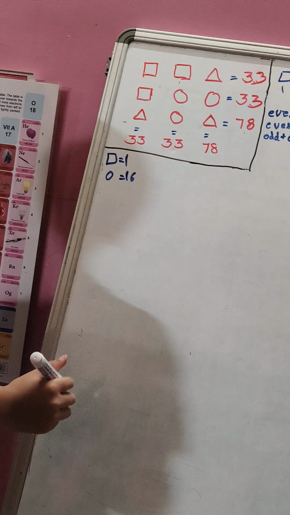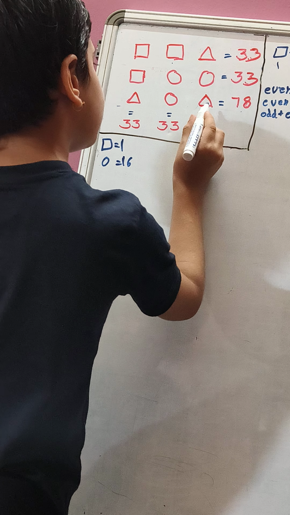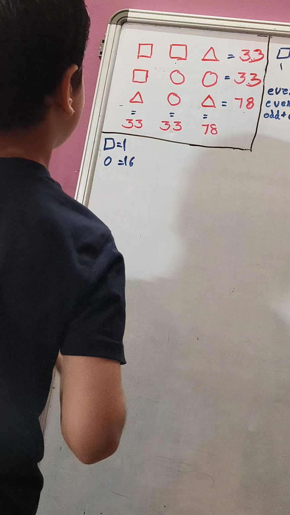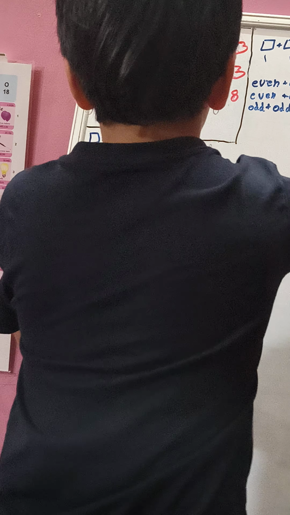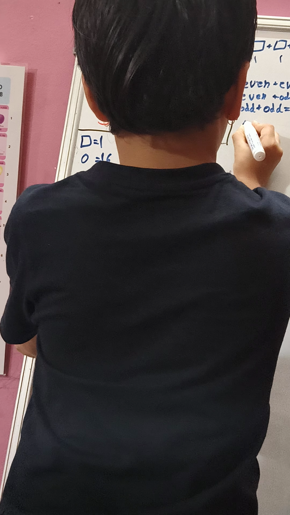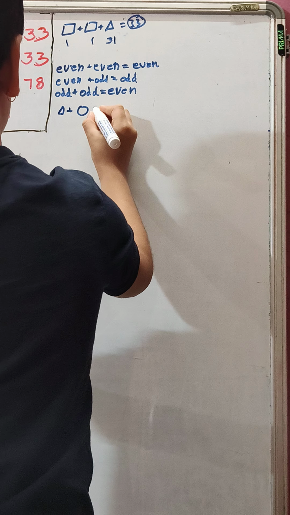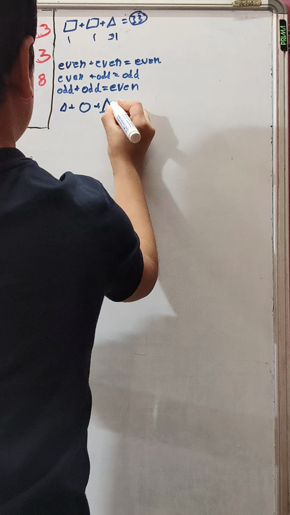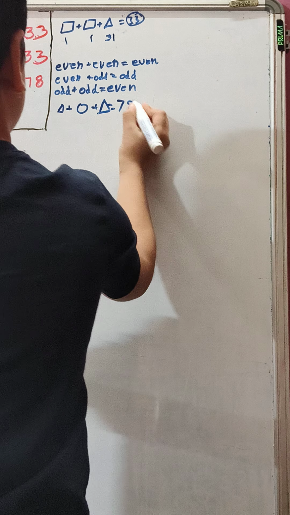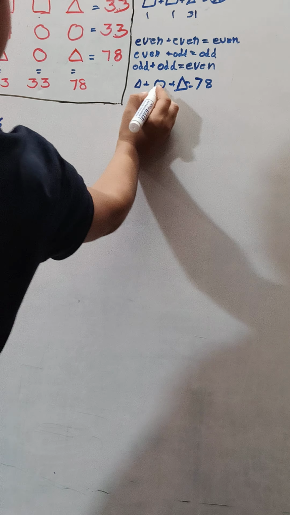When you take the third expression, triangle plus circle plus triangle is equal to 78. When you get this, you already know that circle is equal to 16.